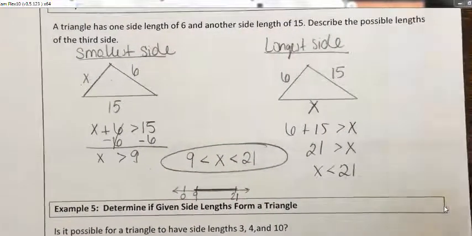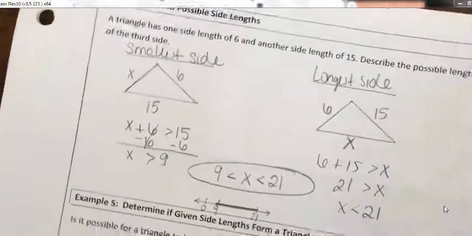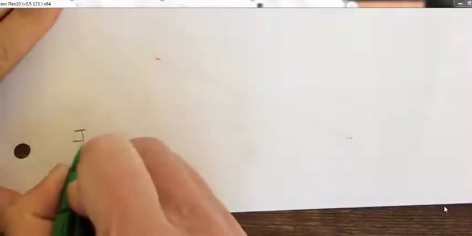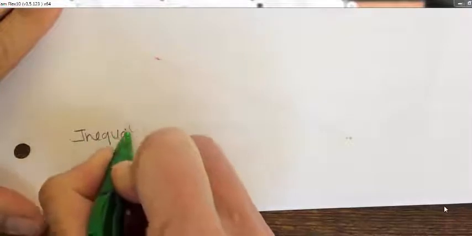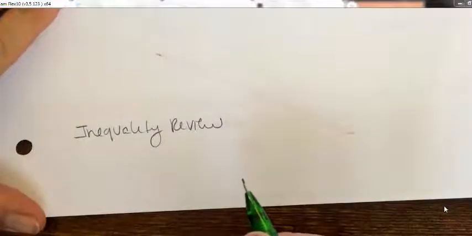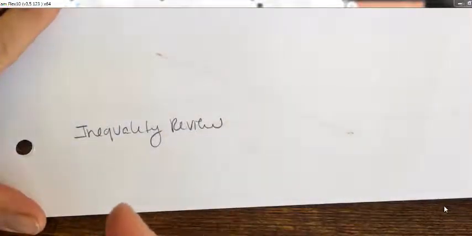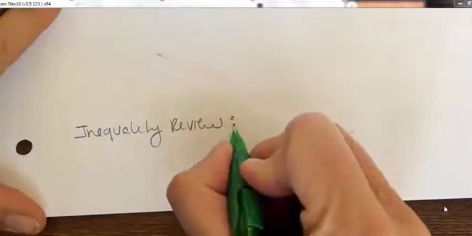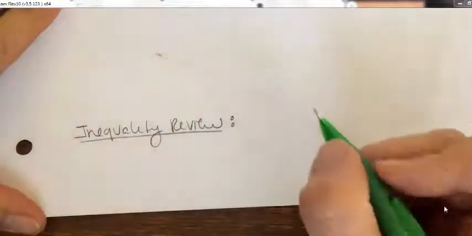Now again, for inequalities, maybe I'll do a quick little review here on the side. Just a quick inequality review. You solve them just like an equation. The only difference is that you have to flip the inequality sign if you multiply or divide by a negative.